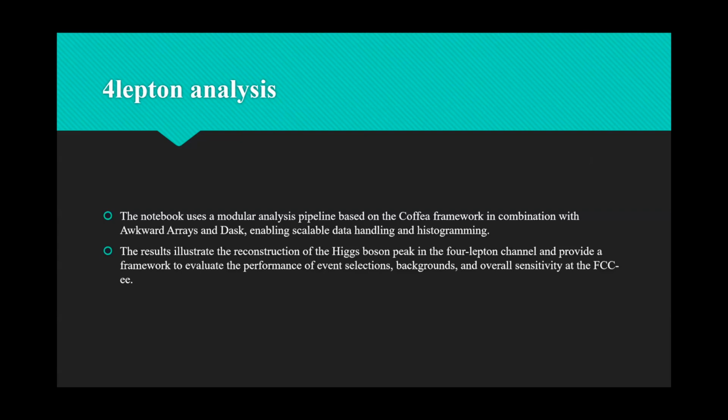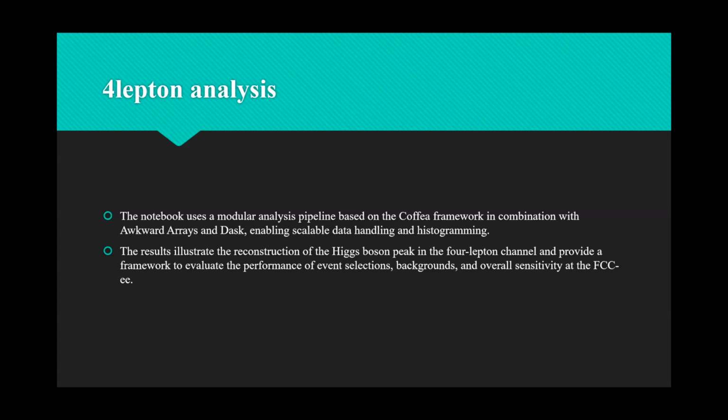So the workflow begins with the definition of datasets corresponding to both signal and background samples, including their cross-sections and integrated luminosities. A set of physics observables is then reconstructed, such as invariant masses of lepton pairs, 4-lepton invariant mass, visible energy, missing momentum, and isolation variables.